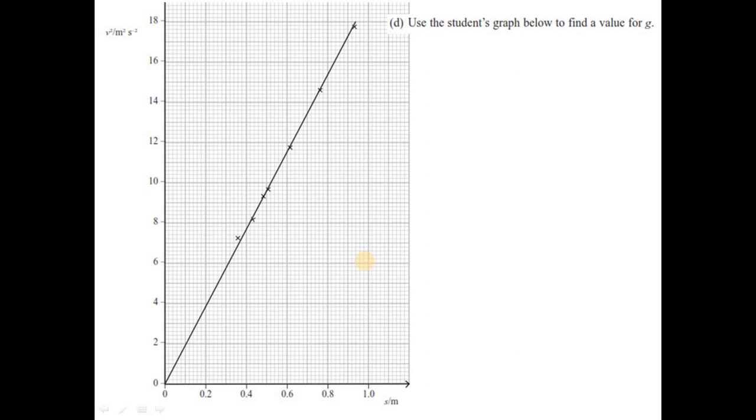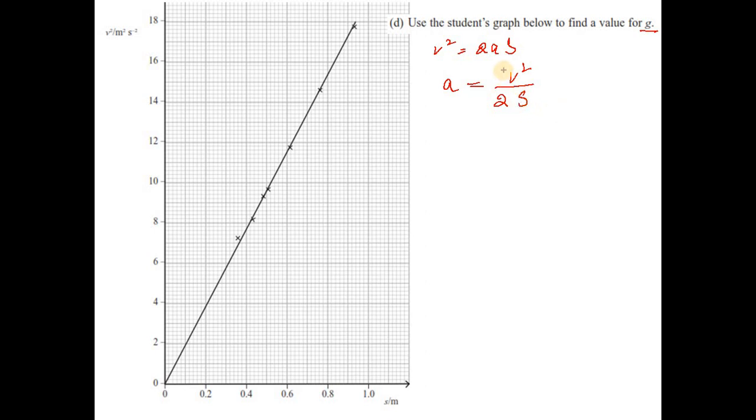Use the student's graph below to find the value of g. So this is the graph. You need to use the graph to find the value of g. The idea is, if you see the equation v squared is equal to 2as, and you make a the subject, a is equal to v squared upon 2s.